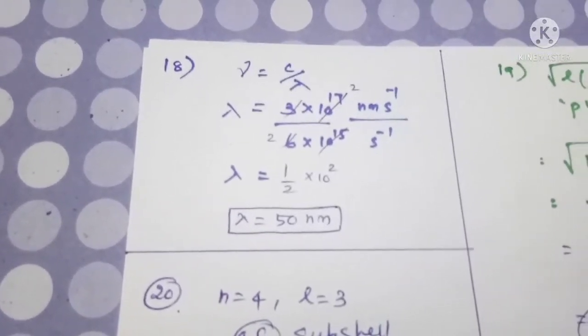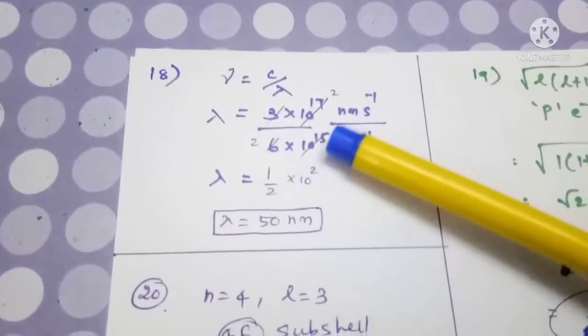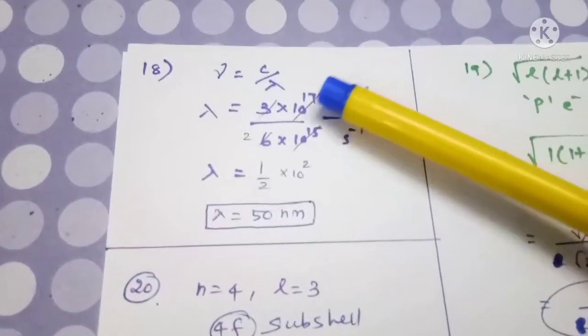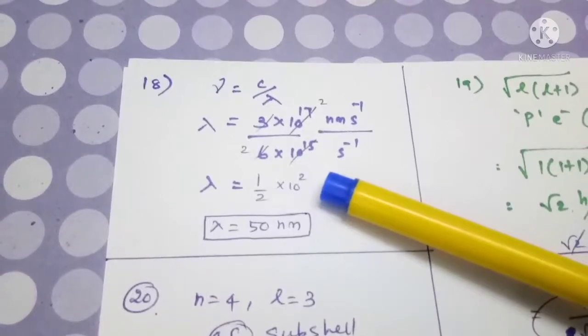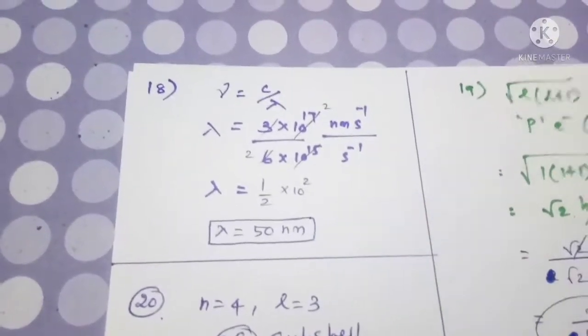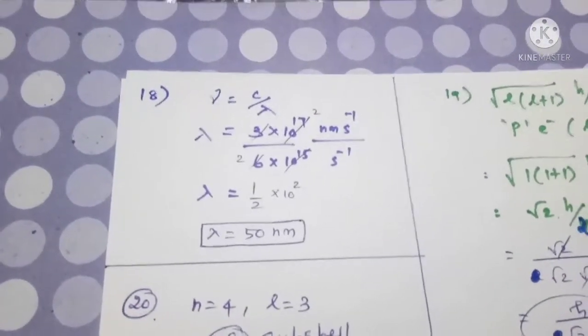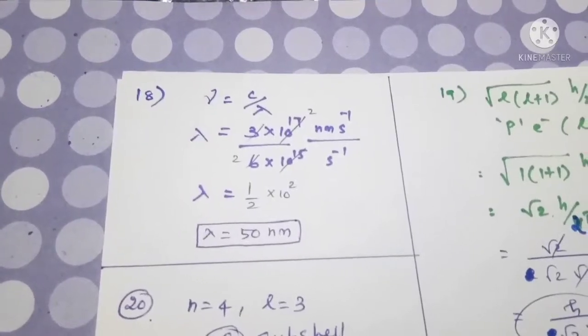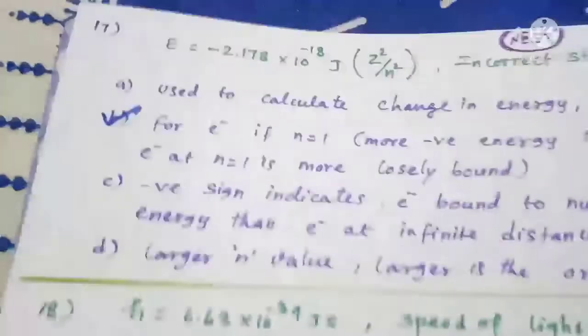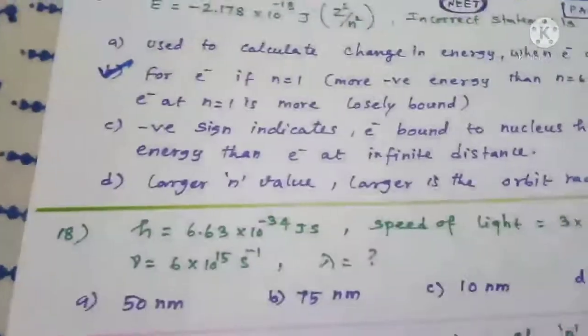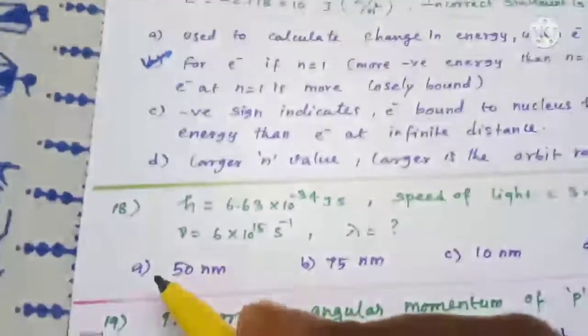I cancel 10 power 15 and 10 power 17, so I get 10 power 2; 3 and 6 get cancelled, so 1 by 2 into 10 power 2, which is nothing but 50 nanometer. Therefore the wavelength of the light for the given data is about 50 nanometer. Look at the options: 50 nanometer, so option A is the right one.